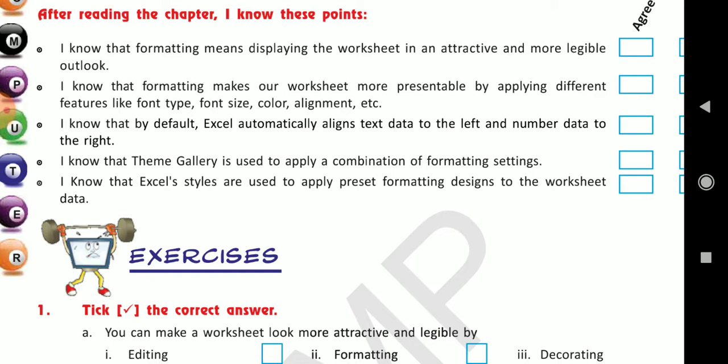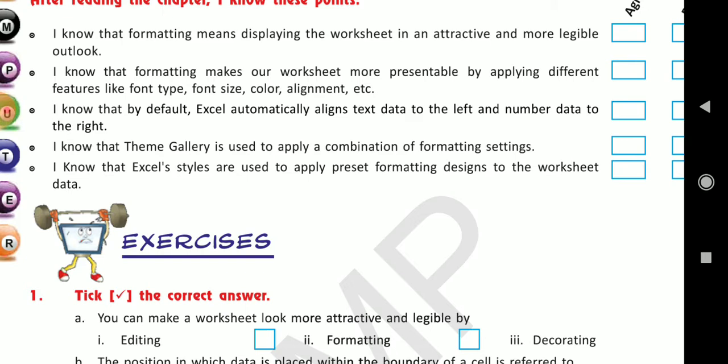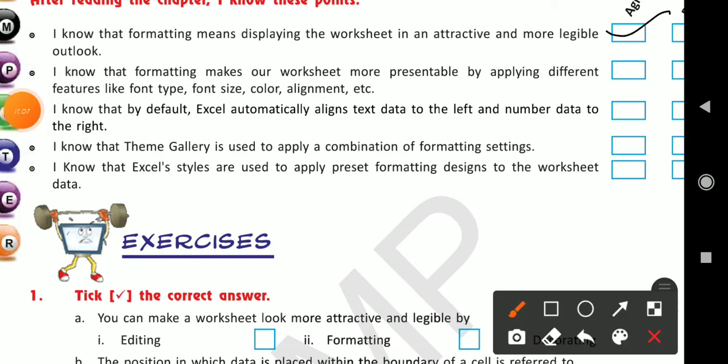I know that formatting makes our worksheet more presentable by applying different features like font type, font size, color, alignment, etc. Of course, formatting makes our worksheet more presentable. It looks more attractive when you are keeping it in front of someone, because there are features like font type, font size, color, alignment. You can change the alignment, the color, the type and size also.